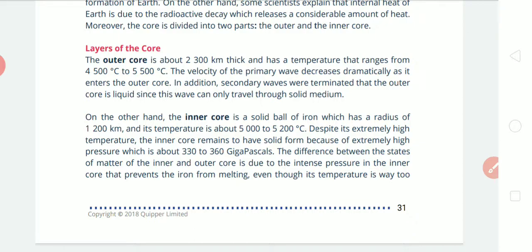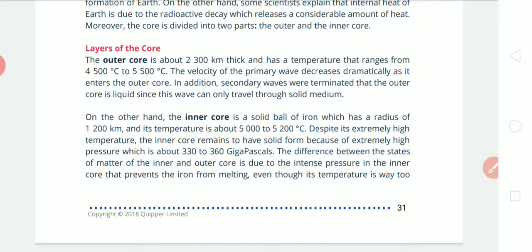Despite its extremely high temperature, the inner core remains solid because of extremely high pressure, which is about 330 to 360 gigapascals. So the main reason the inner core remains solid was mainly due to the presence of pressure.